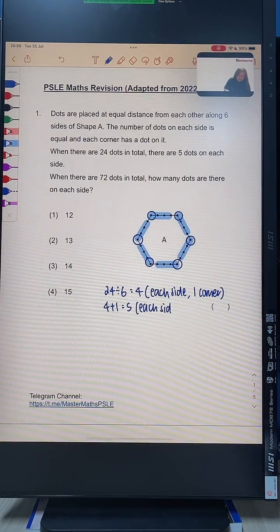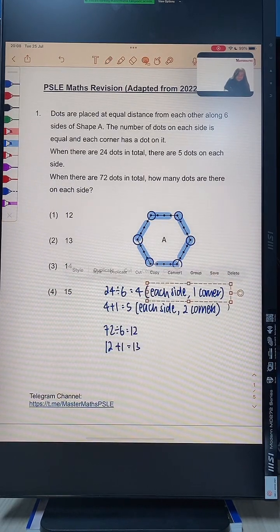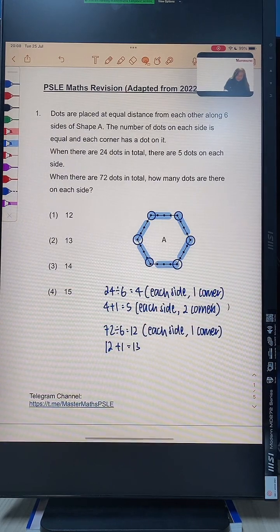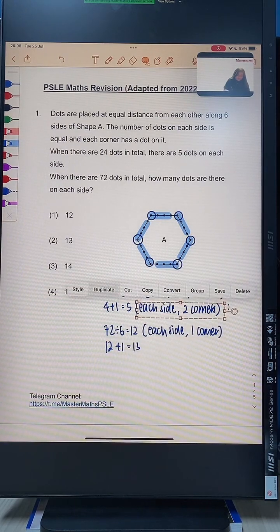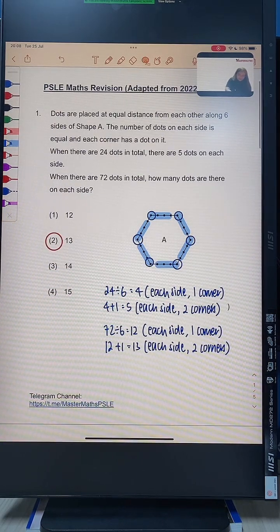In the same way, we can solve the question by taking 72 divided by 6 to give us 12. Then from there, we take 12 plus 1 to give us 13. Again, when we divide by 6, we are only looking at 1 corner. But for us to get 2 corners for each side, we need to add 1. Clear? So the final answer is option number 2.